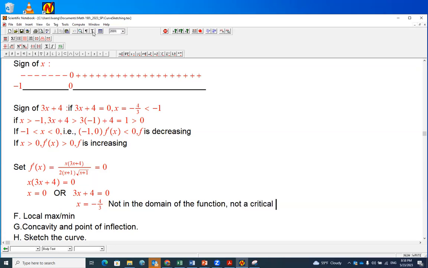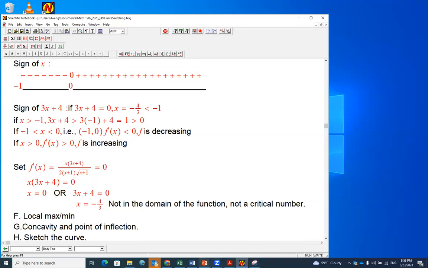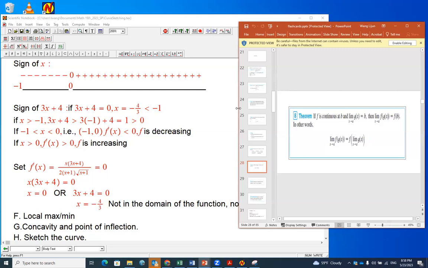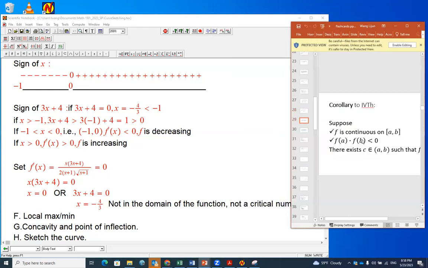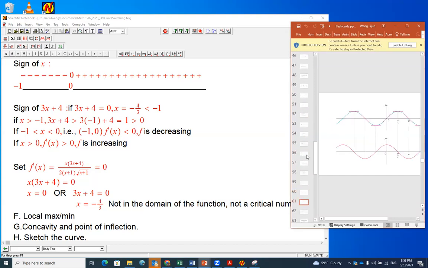Here I'd like to explain why. Let's take a second look at the definition of a critical number. What is the definition of a critical number? Let's go down, down.